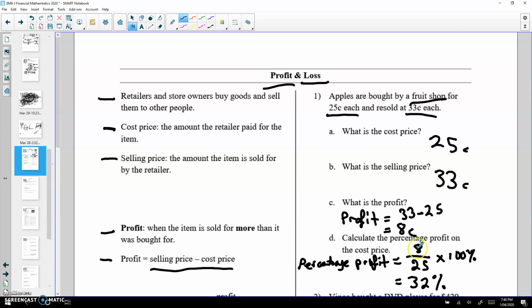Now on your calculator, if you just do 8 over 25 times by 100, that will come out as 32, and then you just put the percentage sign next to it.